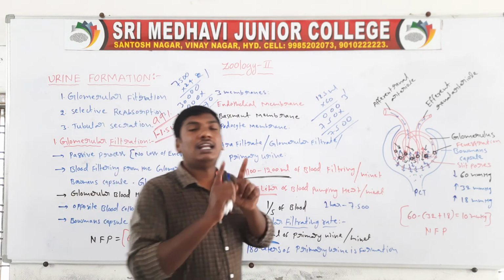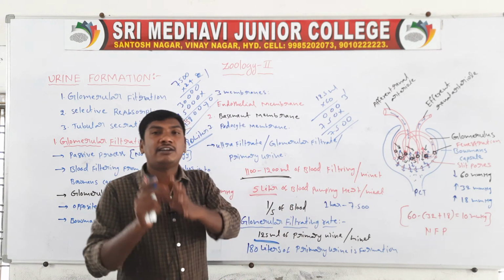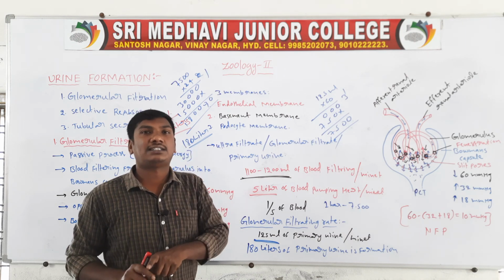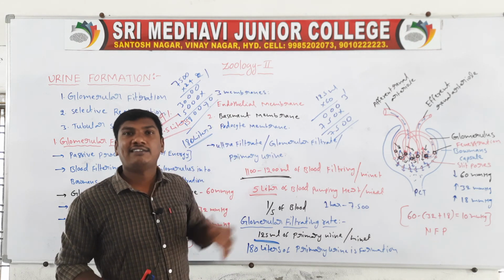Per minute, 1100 to 1200 ml of blood is filtered by both kidneys. This is glomerular filtration.